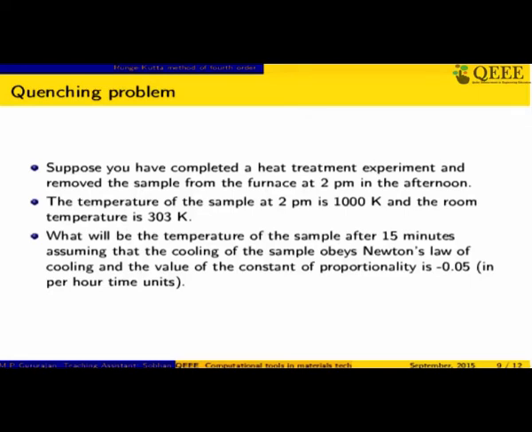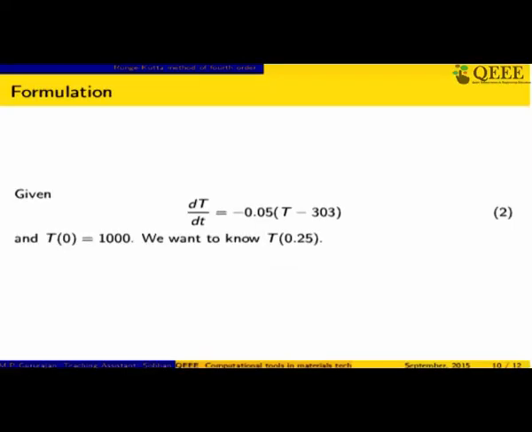So what does Newton's law of cooling say? It says the rate of change of temperature is this constant, given as minus 0.05, times the current temperature minus the room temperature. This is the temperature of the sample, and this is the temperature of the surrounding medium. So the difference basically decides how much the rate of change of temperature will be.